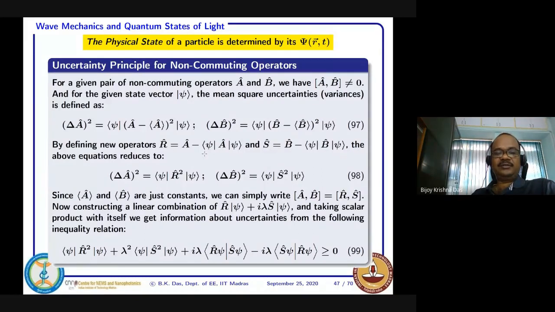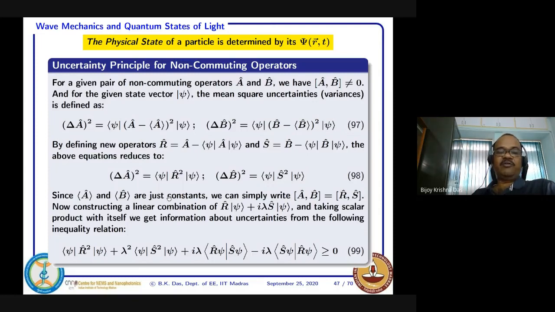R we define as A minus the expectation of A, and S we define as B minus the expectation of B. That means whatever the operator and its expectation value, I am defining them this way. Then the above equation reduces to R squared, and this is actually S squared.